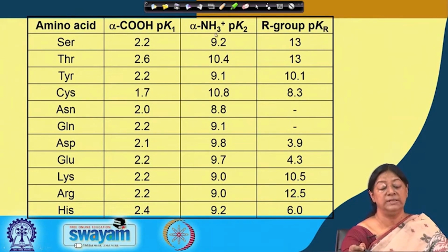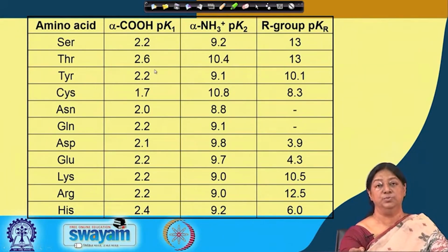So these pK1, pK2 values are always going to be present.